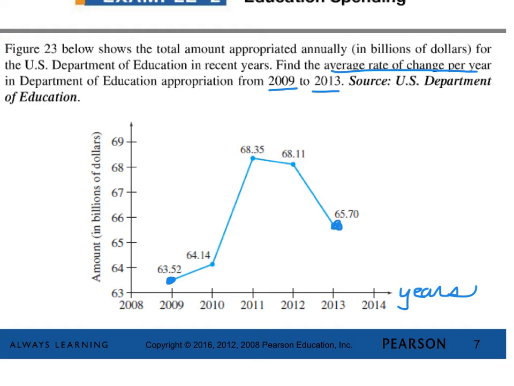So what I want you to focus on is that what we're actually calculating here is the slope of a line segment that connects those 2 points up. And the 2 points that we're talking about are 2009, $63.52 billion, and the second point is 2013, $65.70 billion.